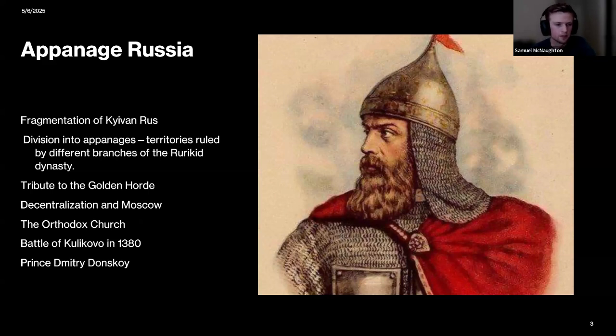The states become their own states, but they all answer to the Golden Horde, and they all have to pay tribute. And because they're unified or separate, they do not have the manpower or the force to contest the Golden Horde.